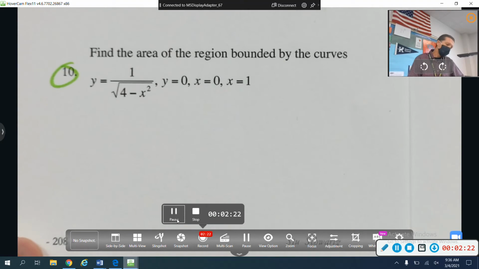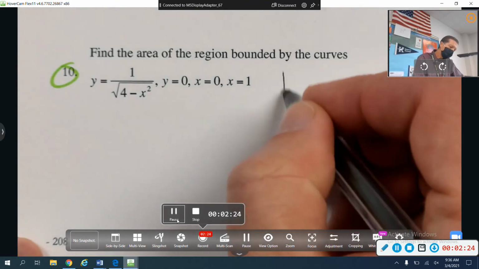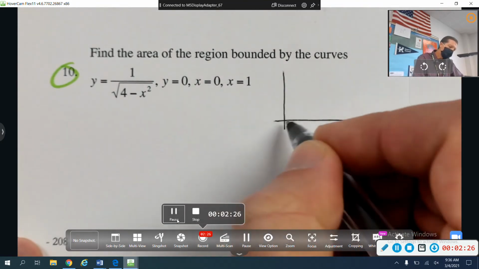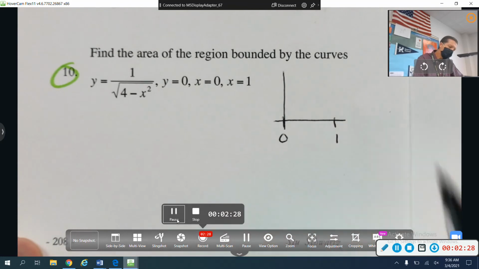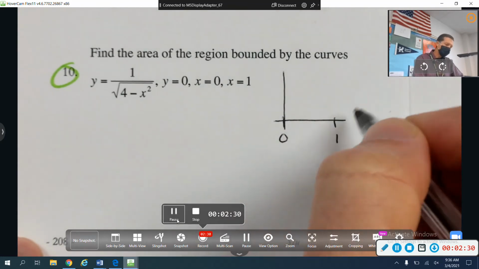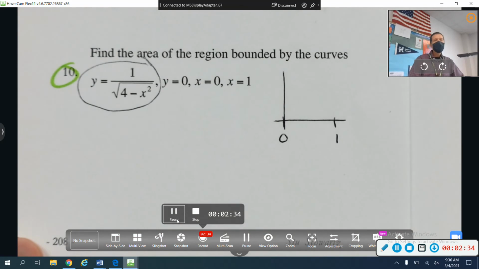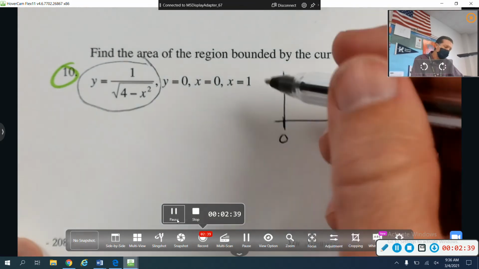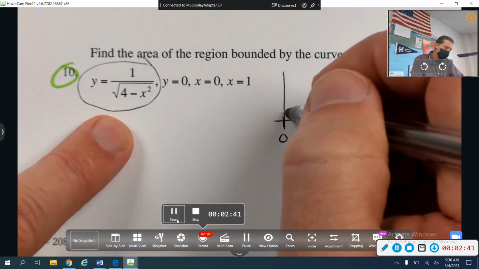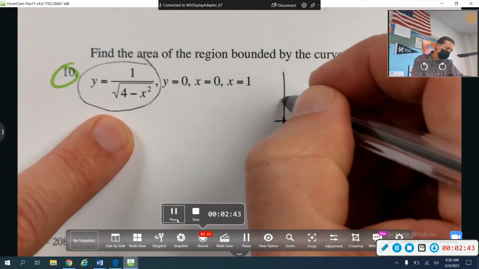All right, number 10, find the area between 0 and 1 down to the y-axis. I have no idea what this thing is, so I'm a little hesitant to sketch a graph. I guess I could plug in some numbers. If I plug in 0, I get 1/2.